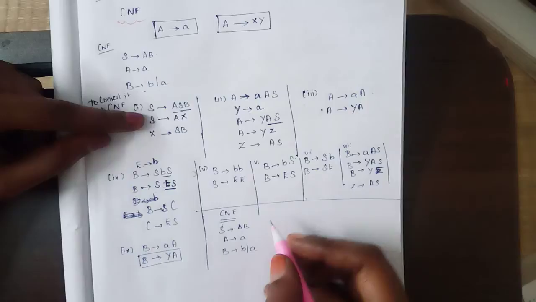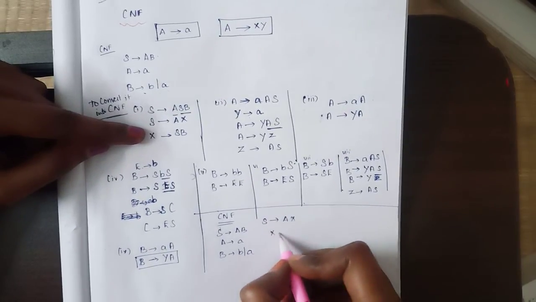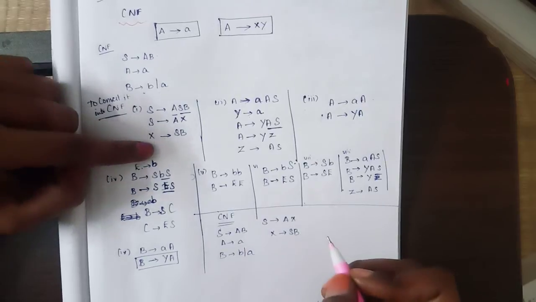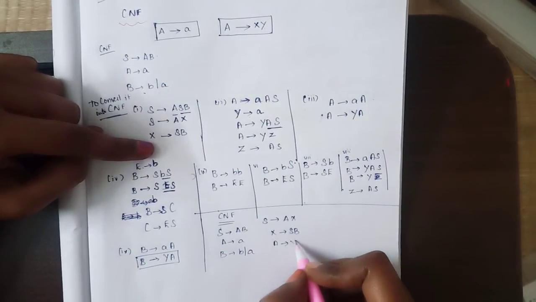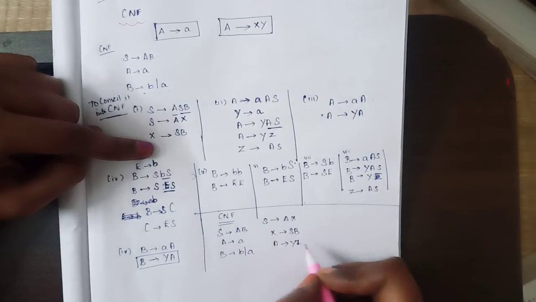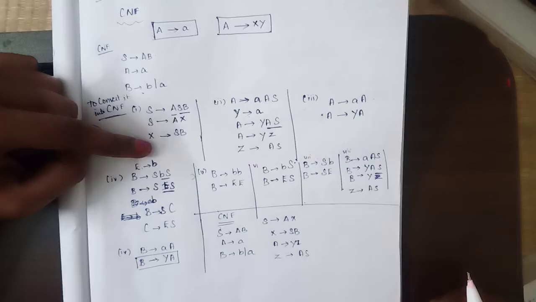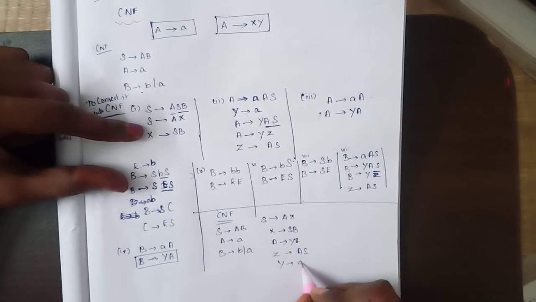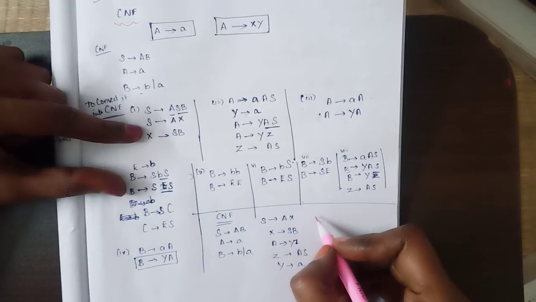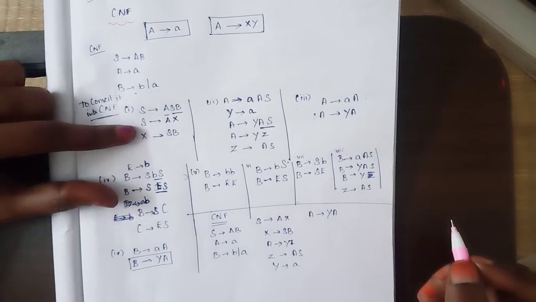After that we'll have S tends to AX, X tends to SB. After that we'll have A tends to YZ, so Z tends to AS. And here Y tends to a.